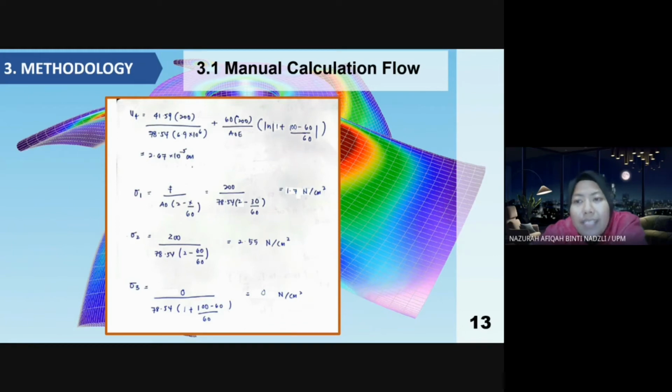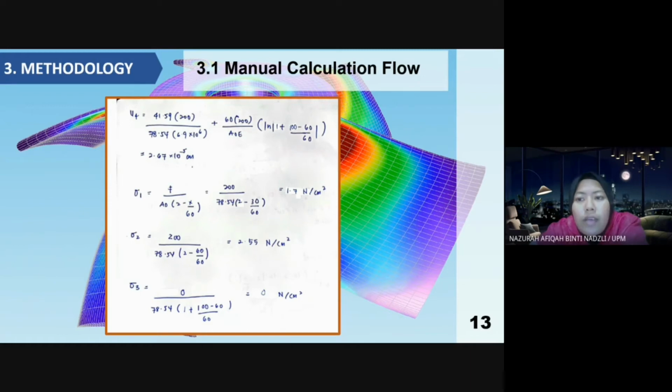From this axial displacement at the nodes, we can obtain the stress for the elements. For element 1, we get 1.7 Newton per centimeter squared, the stress for element 2 is 2.55, and the stress for element 3 is 0. So after that, these are the final results that we obtain from the manual calculation, which we need to compare with the software calculation.